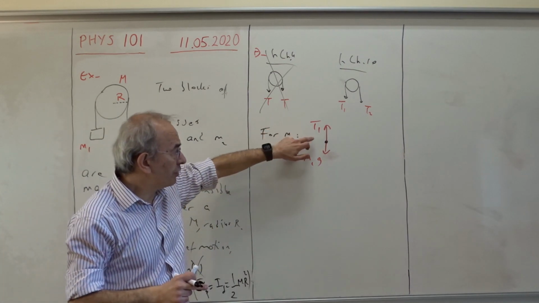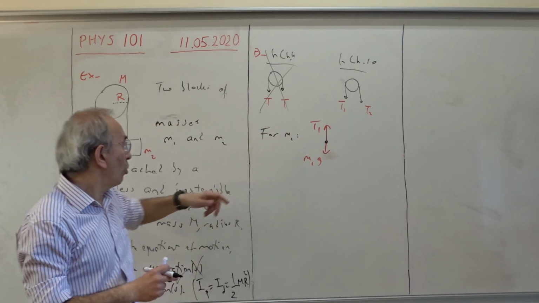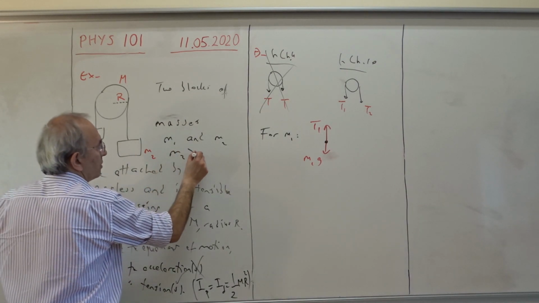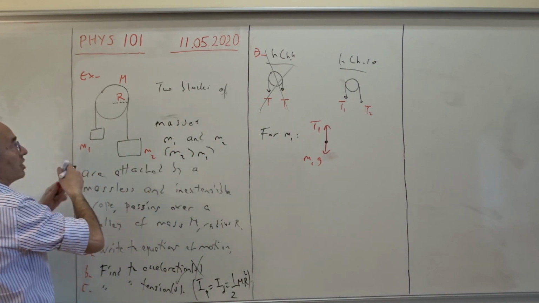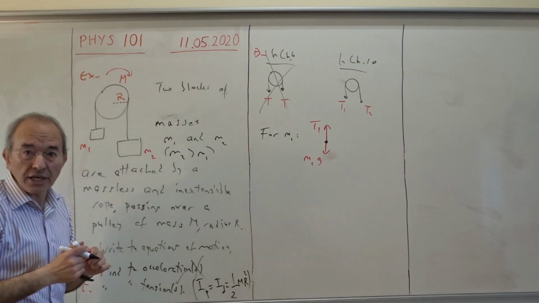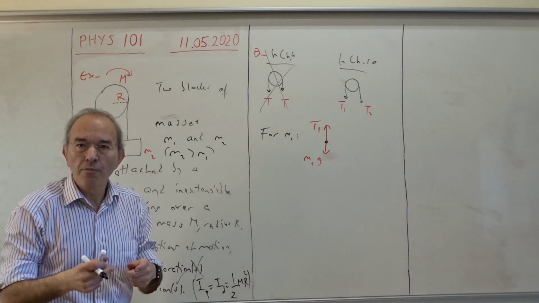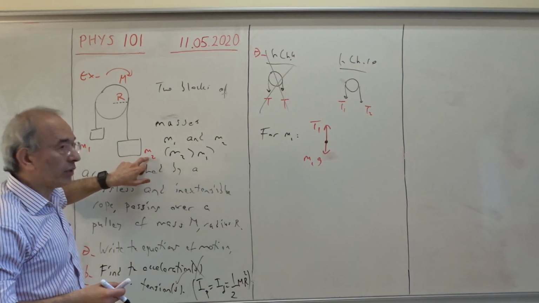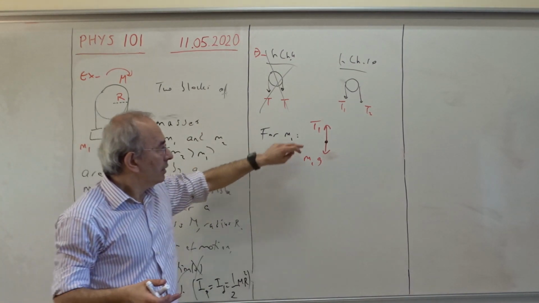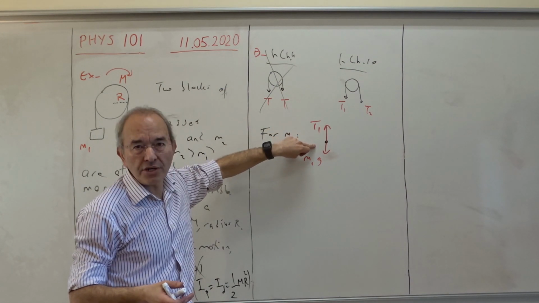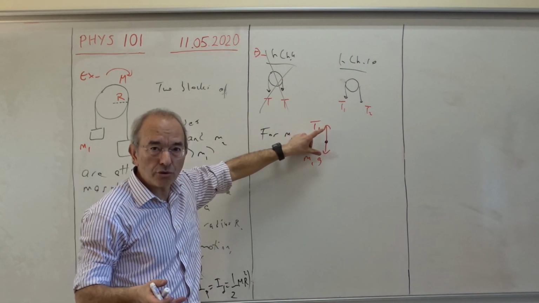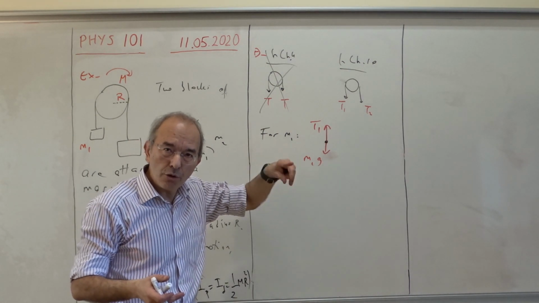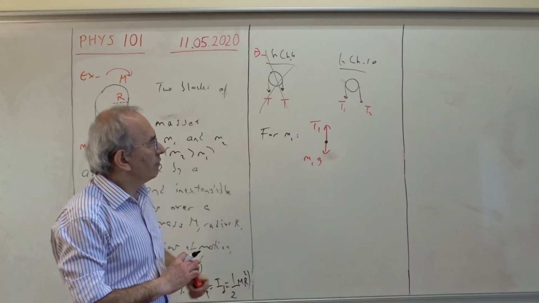I draw T1 a bit longer because M2 seems to be greater than M1, so we expect a clockwise rotation in the system. If the system is turning clockwise, this one is heavier, so T1 should be greater than M1g. Otherwise, if they are the same, no rotation. If M1g were greater, it would rotate in the opposite sense.